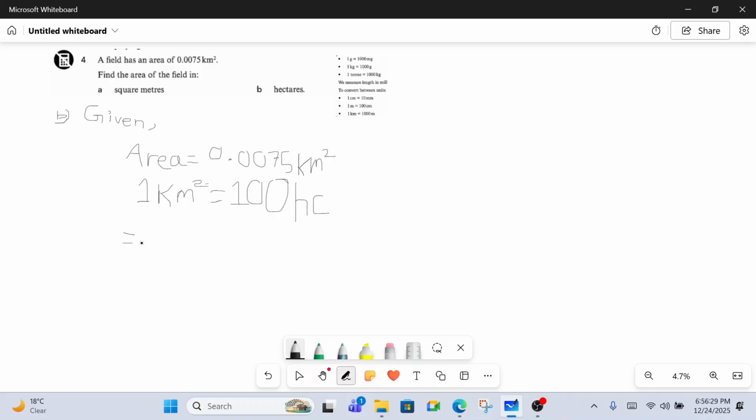So basically it's gonna be 0.0075 multiplied by 100, which should give us an answer of 0.075 hectares.